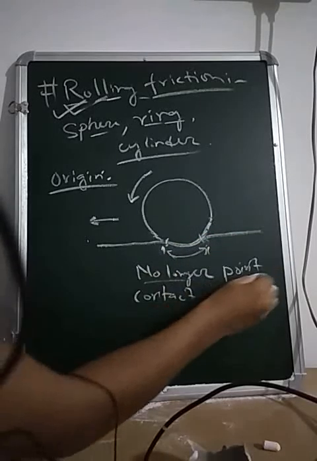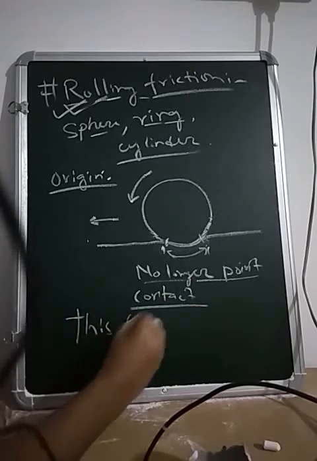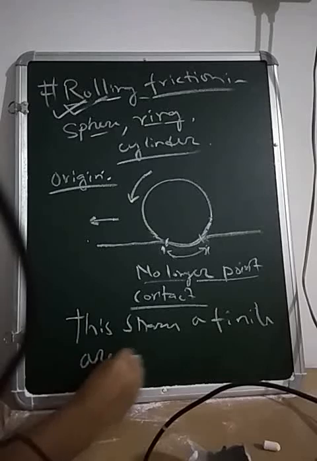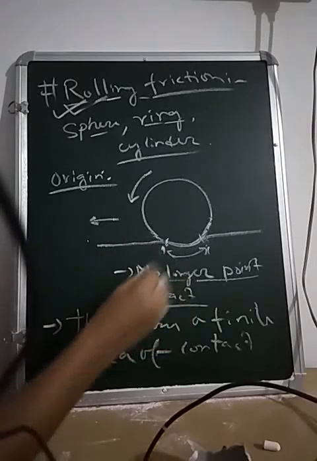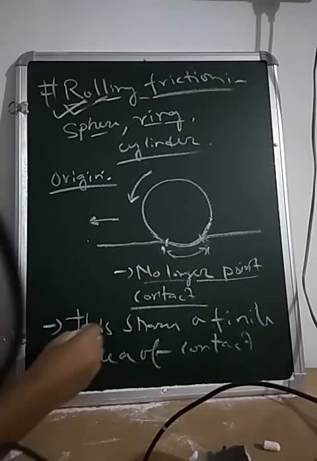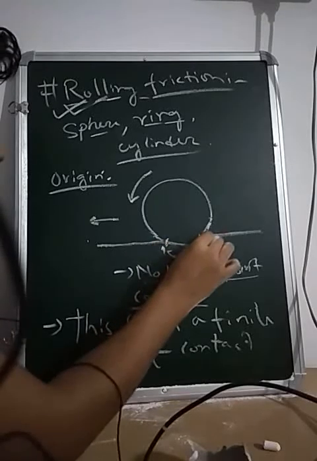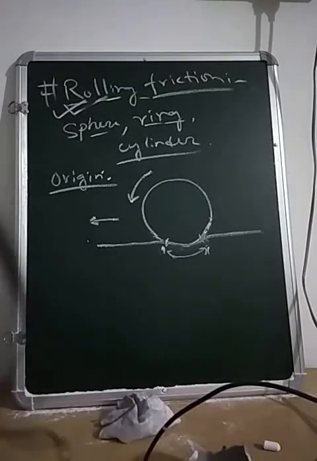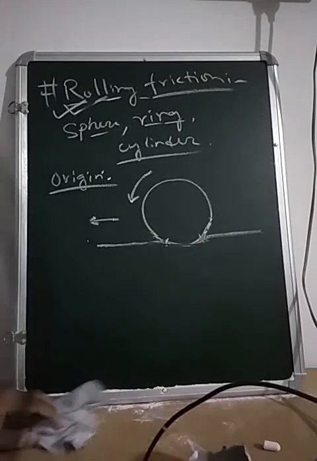So it shares a finite area of contact. Due to the making of the depression or hump, it becomes no longer a point contact, and there is a finite area at which the wheel and the surface are in contact with each other.